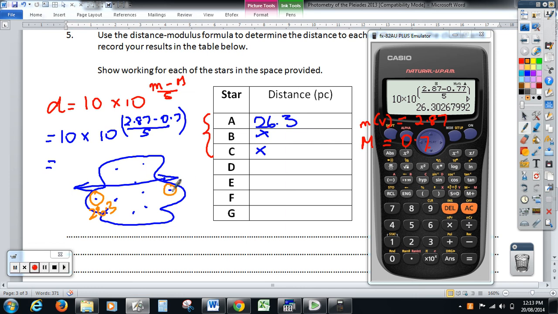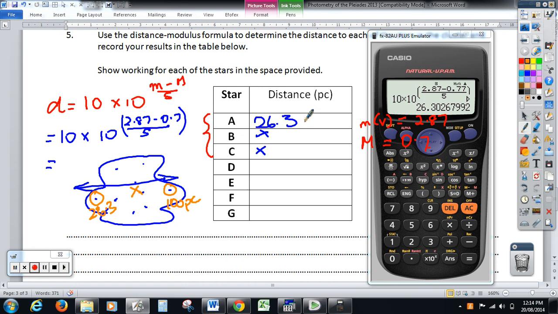This one over here could be 100 parsecs away. But the average in the centre will be the average of all of these. Obviously there's hundreds and thousands of stars in this cluster, so we should take as many readings as possible to find how far the centre of this cluster is away from us.